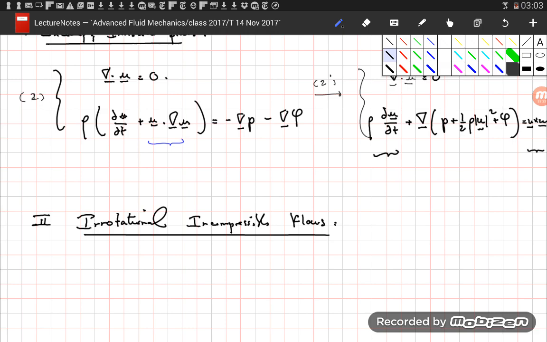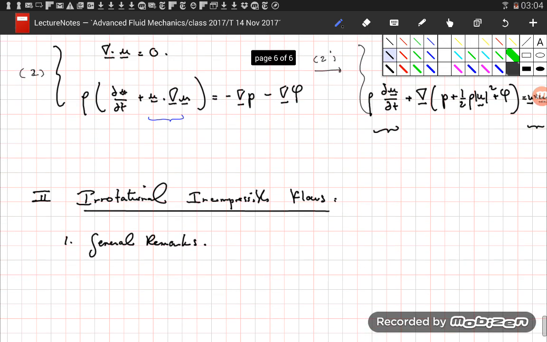So let me just start with a general remark, because at some point things will become confusing. We discussed inviscid flows before we started discussing irrotationality. So the two are linked. In a way, there is a relation between the two, but they're not the same.